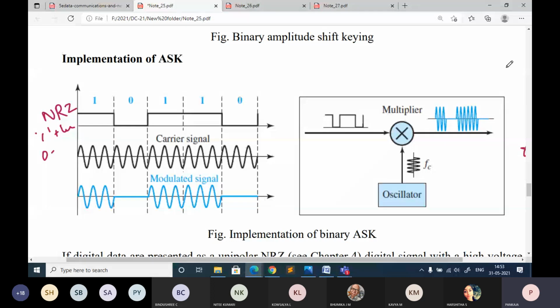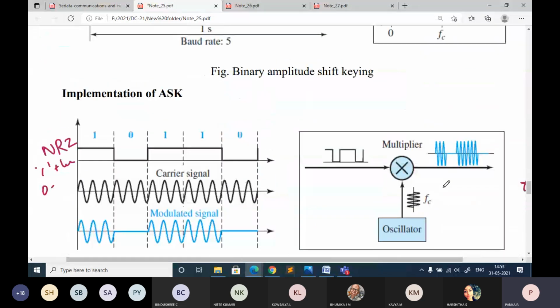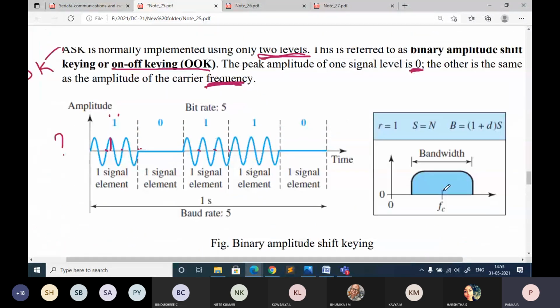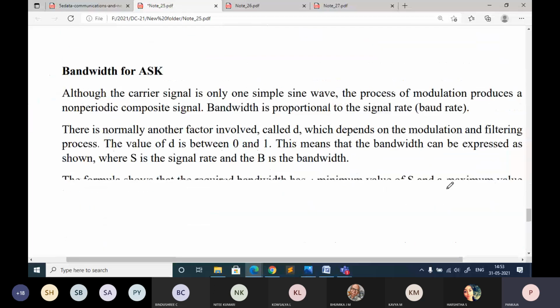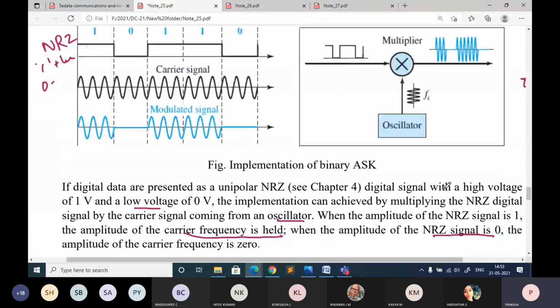Understood, everyone? Even if they ask in the exam, just draw this diagram and explain this. Depending on the question, it may require you to explain even about the bandwidth. I will explain that now.